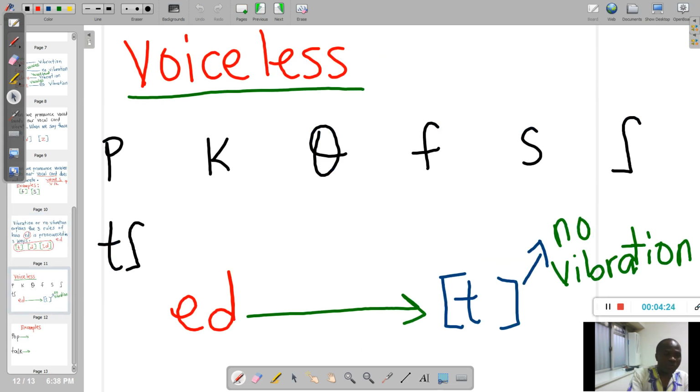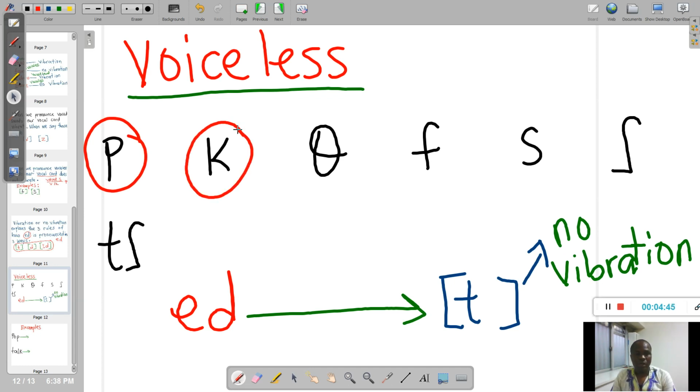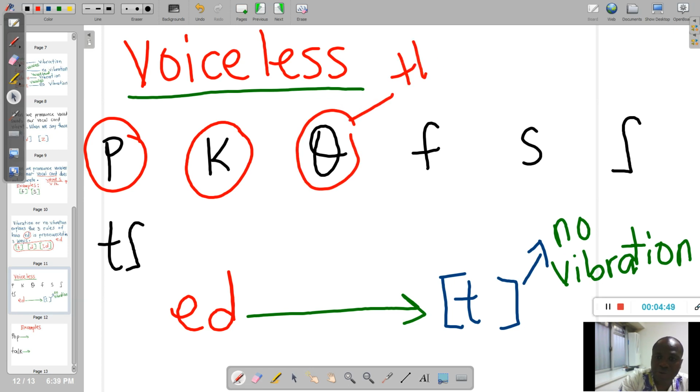Now we are looking at voiceless sounds. We'll end our lesson on voiceless sounds so that we can continue in the second lesson. With the voiceless sound, we have these examples. P, voiceless, made with the lips. K. And this is the TH sound. We have two types of TH sound.